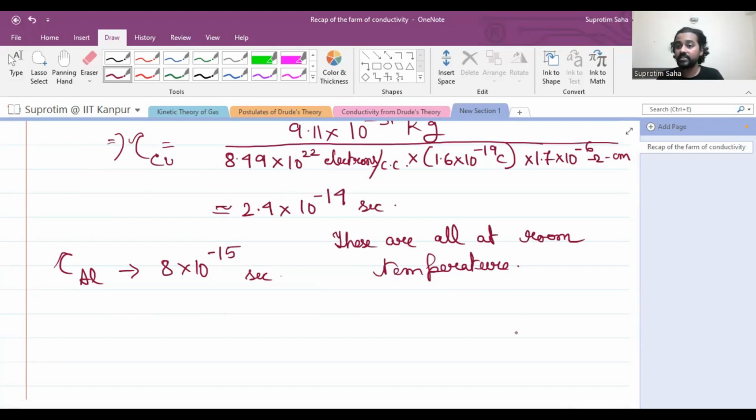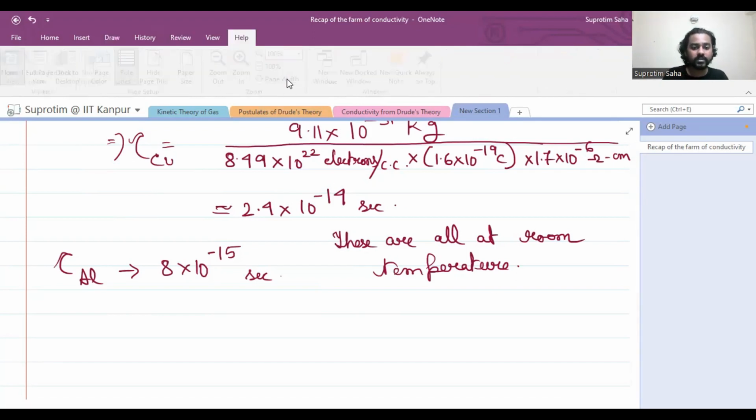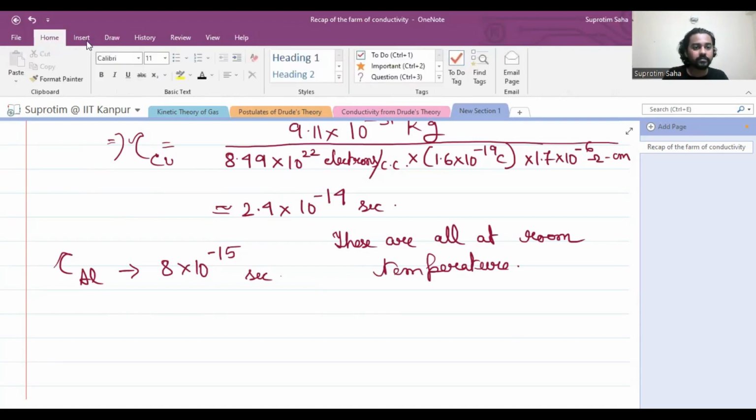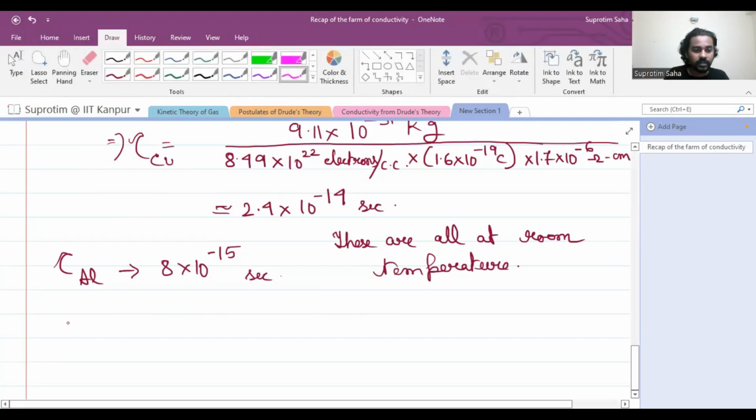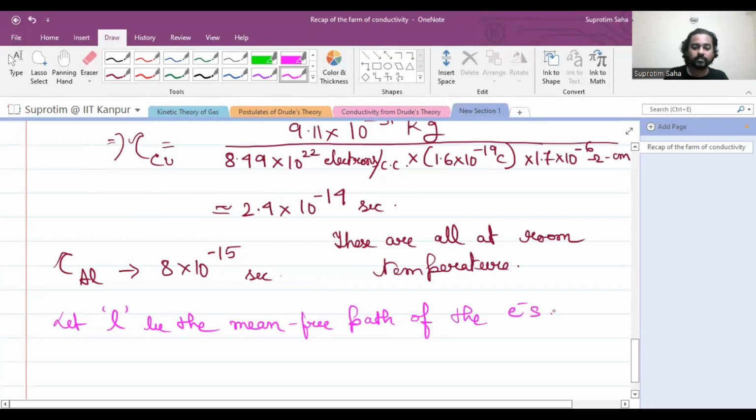What you can calculate is the mean free path, only if you know the mean velocity between two successive collisions. All right. Now, let L be the mean free path of the electrons.